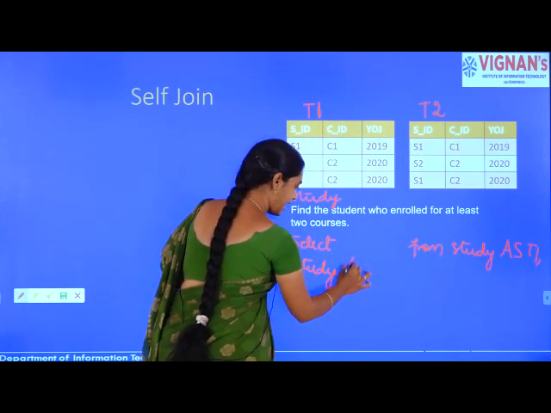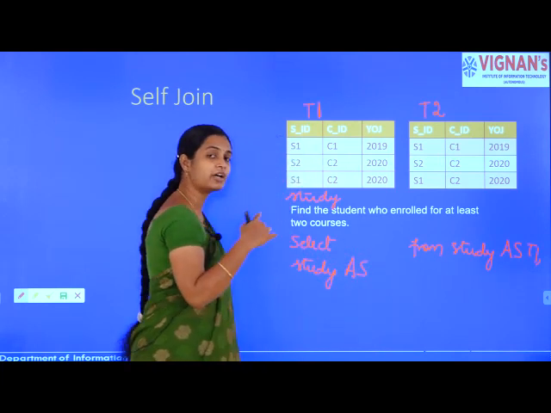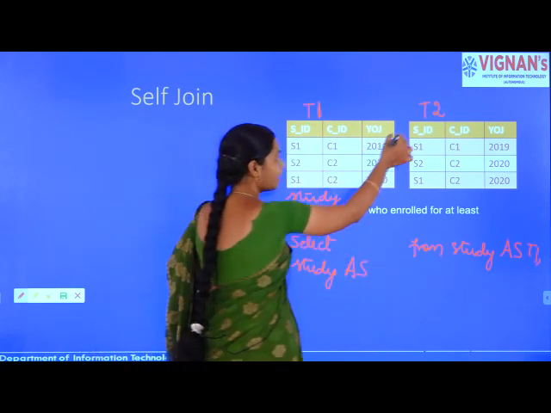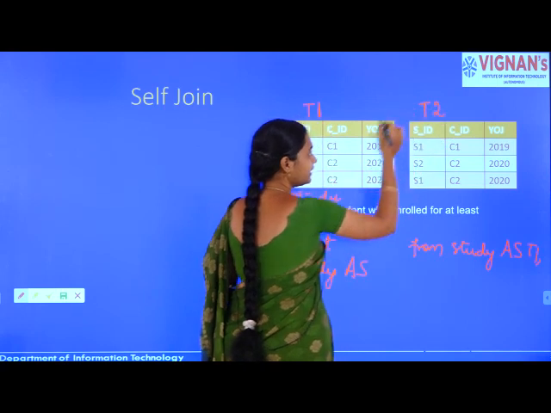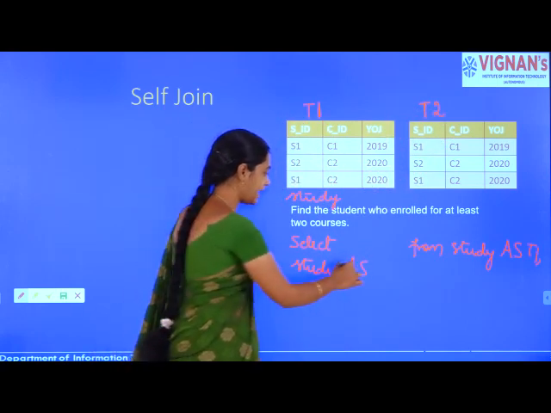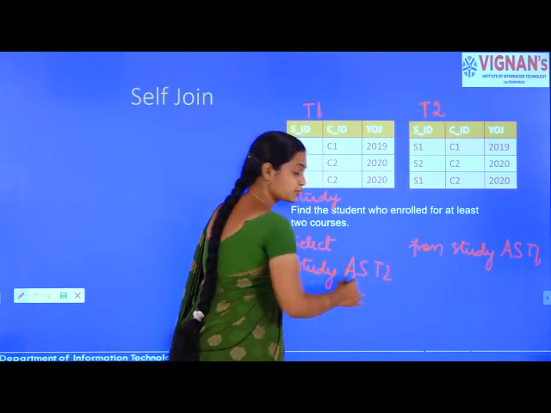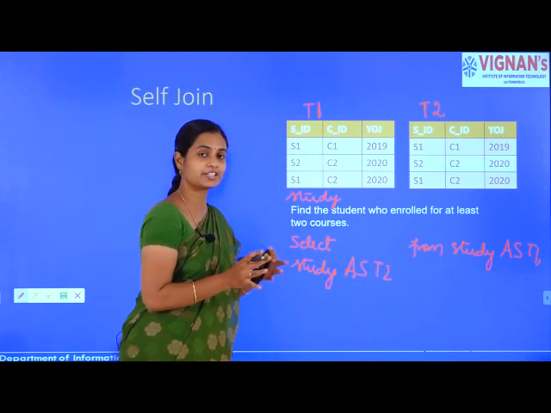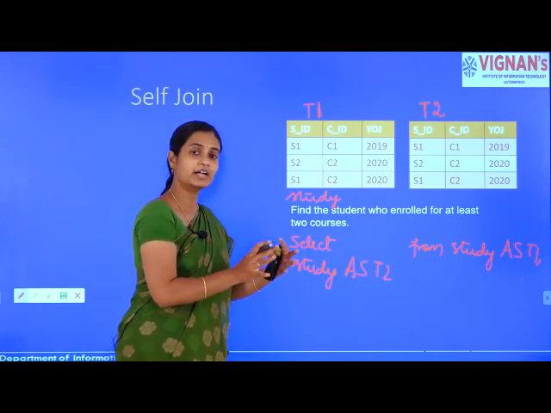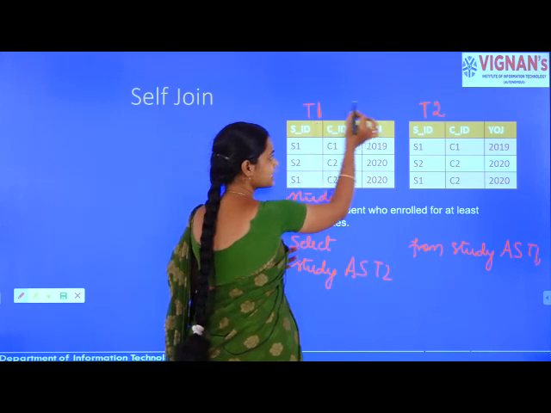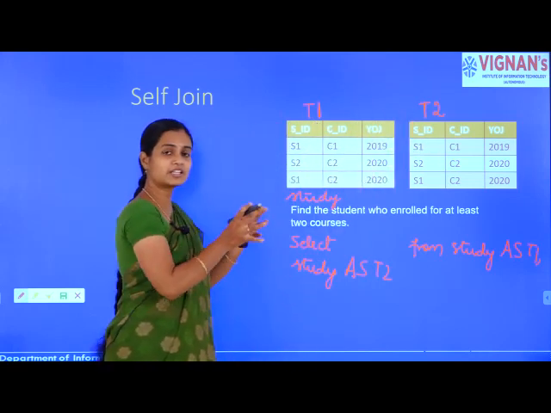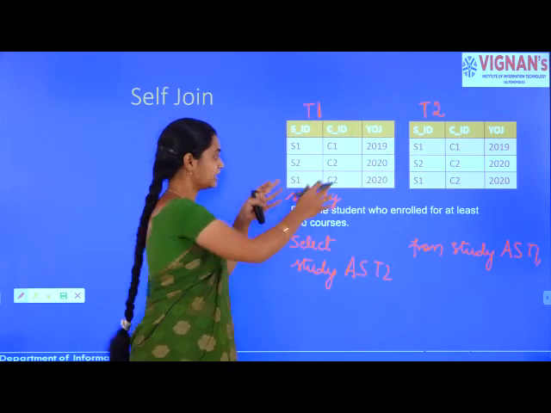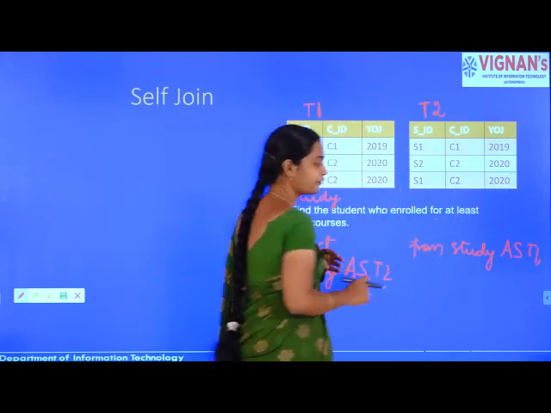Again one more alias I am creating, the T2 alias. So for only one relation, how many aliases have I taken? I have taken two aliases, T1 and T2. I have just created two different views of the same table.